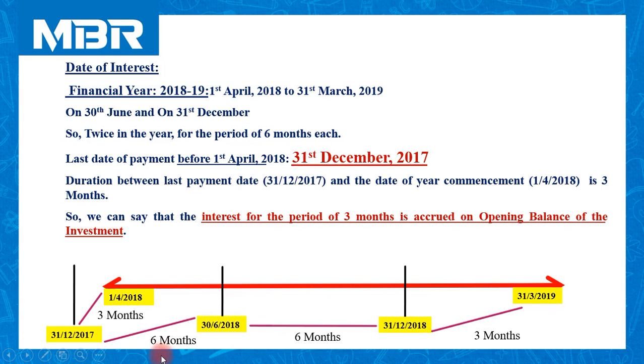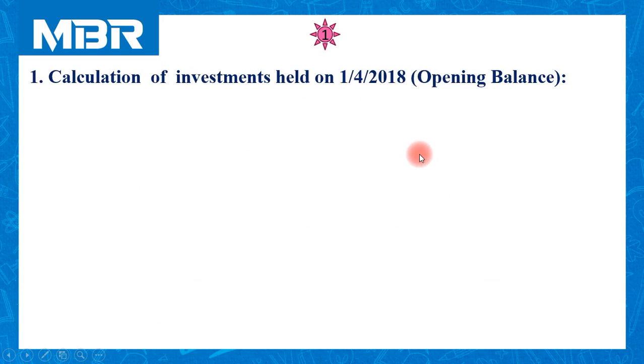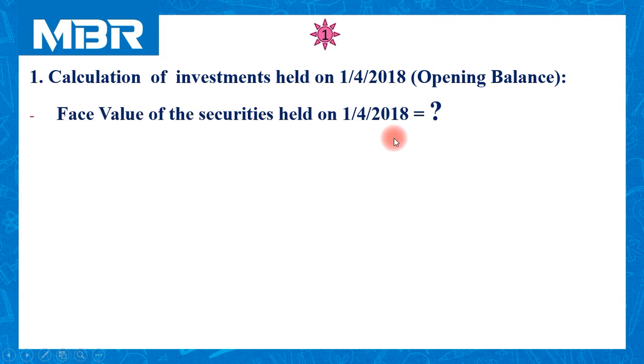For your reference, I have prepared a flow chart with the period. From this, you can easily understand the movement of the transactions. Before preparation of our flow chart, right from the first transaction to the last transaction, it is necessary for us to calculate the opening balance.